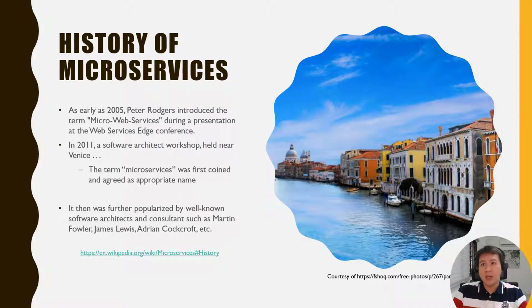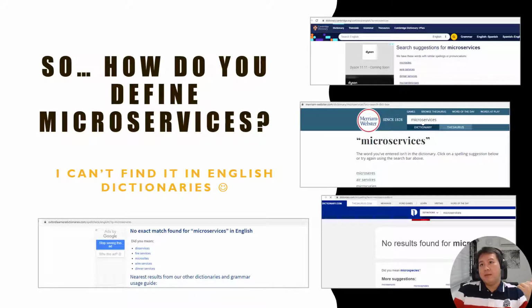It was later popularized by well-known software architects such as Martin Fowler, James Lewis, and Adrian Cockcroft, who described a new paradigm, a new way of building applications. Well, then the challenge is, how do you really define microservice? As you can see, we can't find appropriate definitions of microservice in most dictionaries.